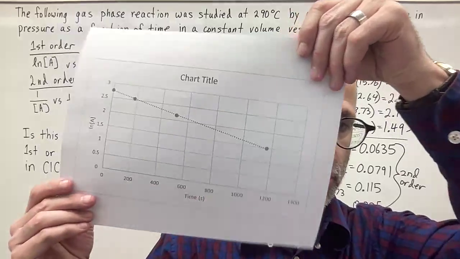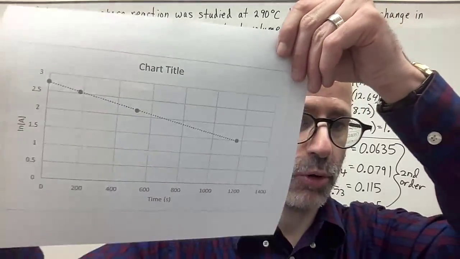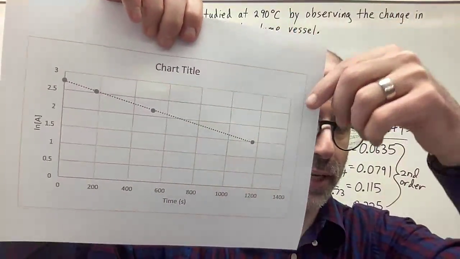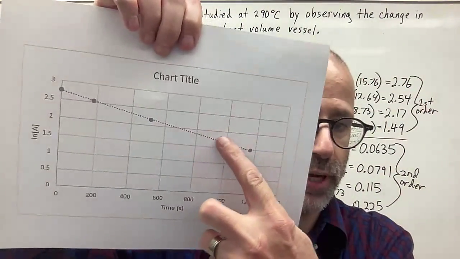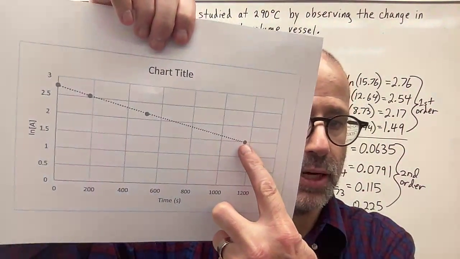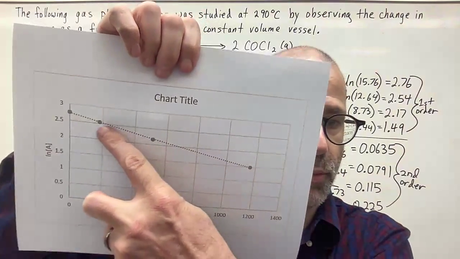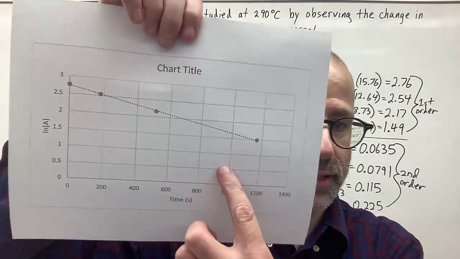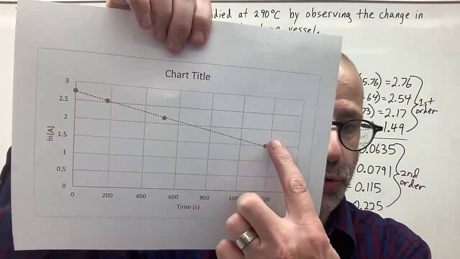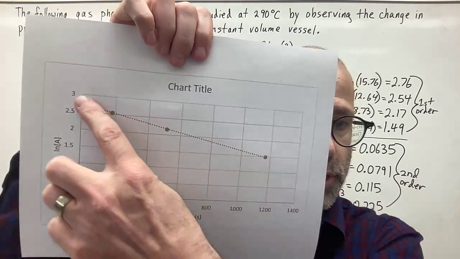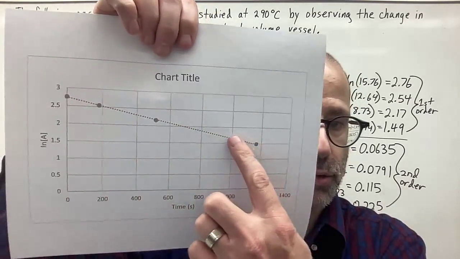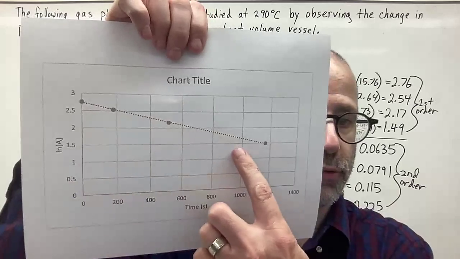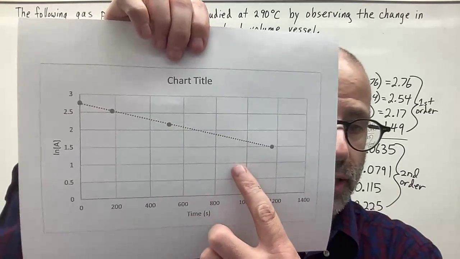Look at the data points here. What we're looking for is a straight line. We have our data points that we plotted, 4 data points. And the trend line, you'll notice, goes pretty much through the points. We have a straight line through the points, and that's what we're looking for to indicate what the order is.